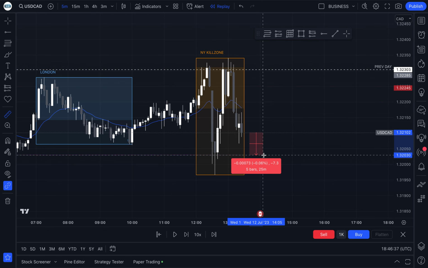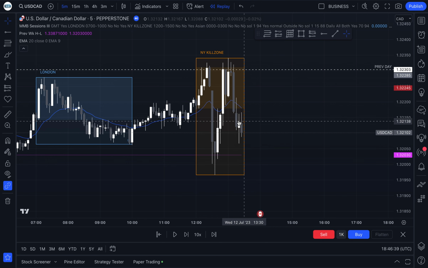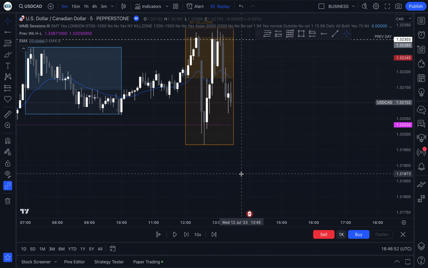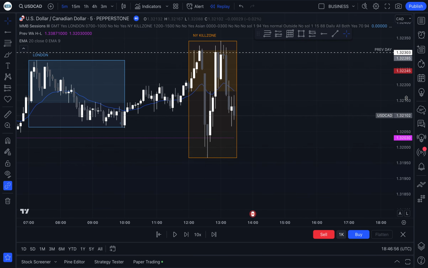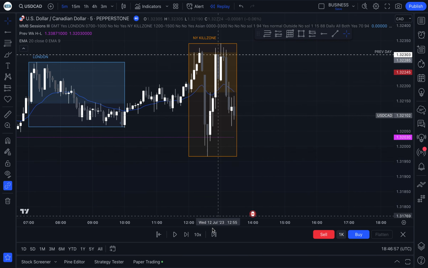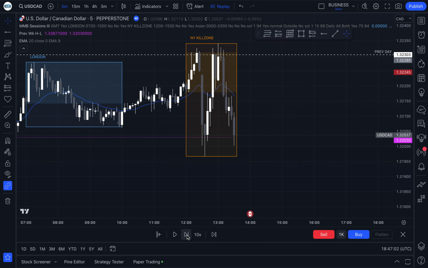I'd rather have this setup below this line. Then I am more confident that the shorts are in the market, and I can join them and roll with price all the way downwards. So I'll particularly stay out of this trade and see if price gives me another opportunity.